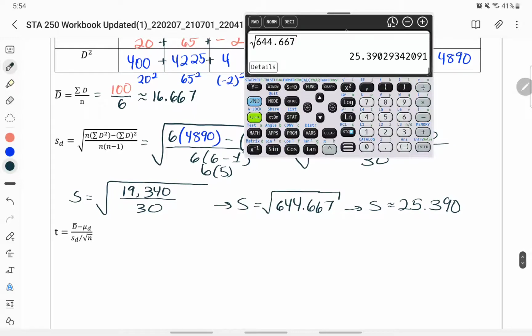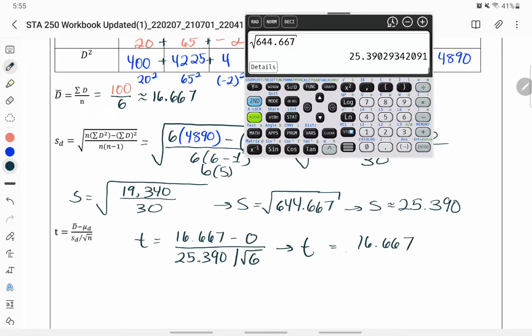Now that we have the standard deviation and the sample mean, we can compute the test value. T is equal to D bar, which is 16.667, minus mu sub D, which is 0, divided by the standard deviation of our difference, which is 25.390, divided by the square root of the sample size, so square root of 6. So the top is 16.667.